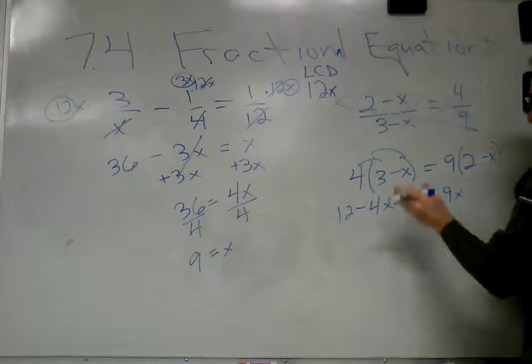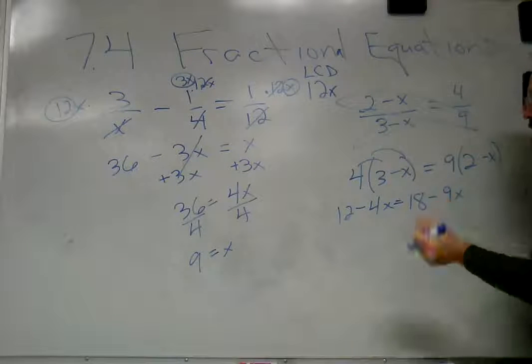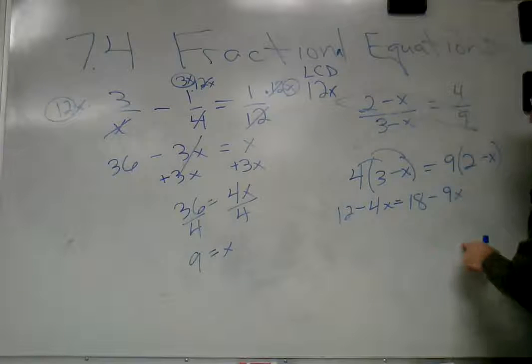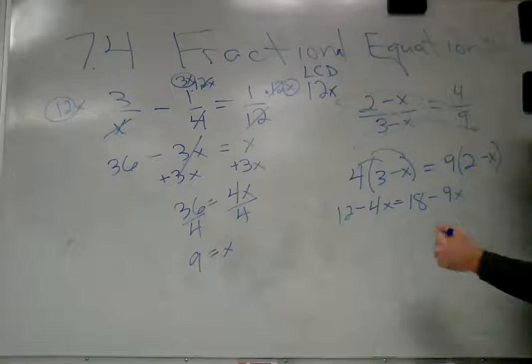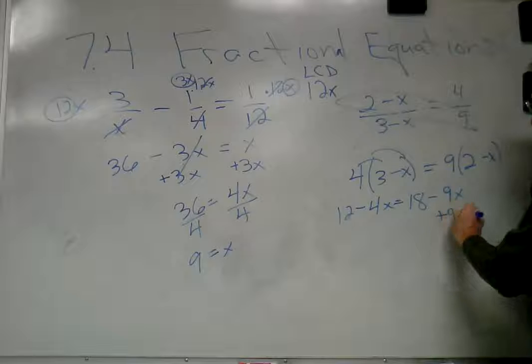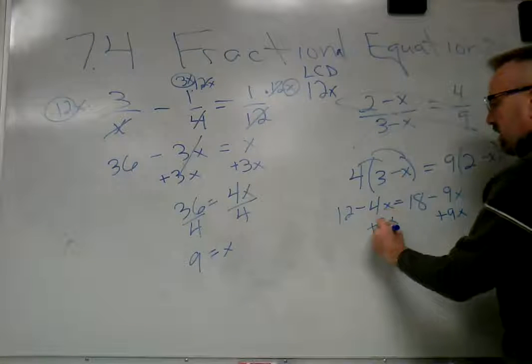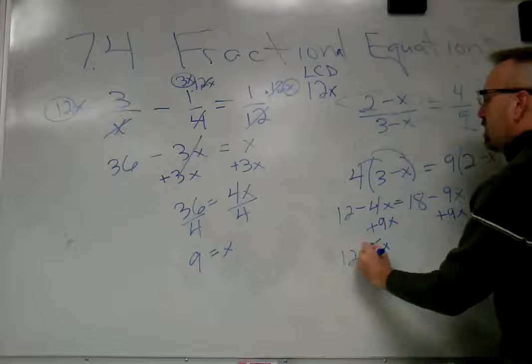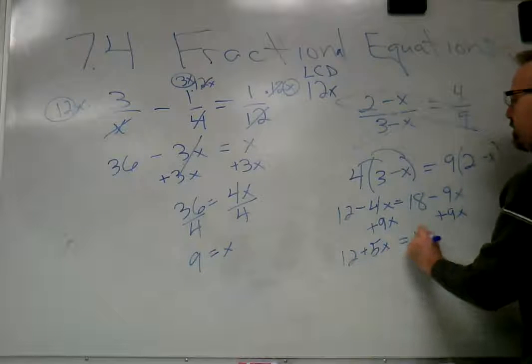Let's take, really doesn't matter which one you move, but I always like to do the smaller one, because then you only deal with the positive. So this one's smaller, so how do we get rid of negative 9x? Plus 9x, plus 9x gives us 9 minus 4 is 5x, positive 5x.